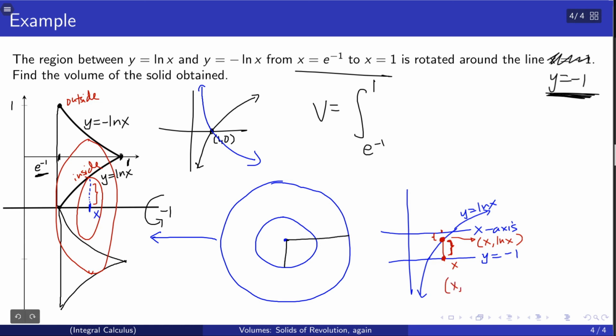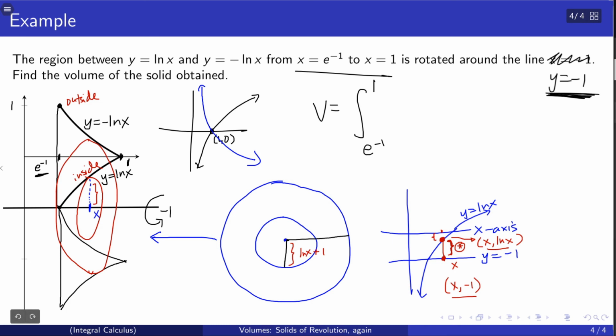That's the point (x, -1). This is the point (x, ln x). Well, you just have to subtract the y coordinates, right, to get that length. And so that tells me that this inner radius here is going to be equal to ln x plus 1, right? Because it's ln x minus -1 to get this length over here.